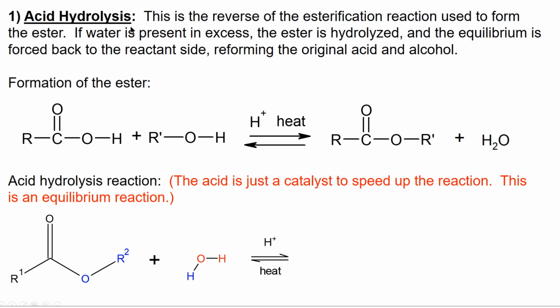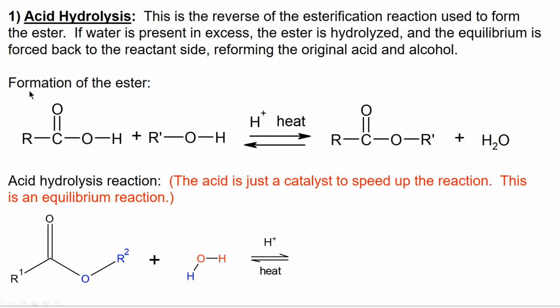So hydrolysis is hydro lysis. We have lysozymes in our body. They break up molecules. Lysis means breaking stuff up as well. Hydro means water. So this is saying that you use water in the presence of an acid to break something up. So that's going in the reverse direction of the formation of an ester.